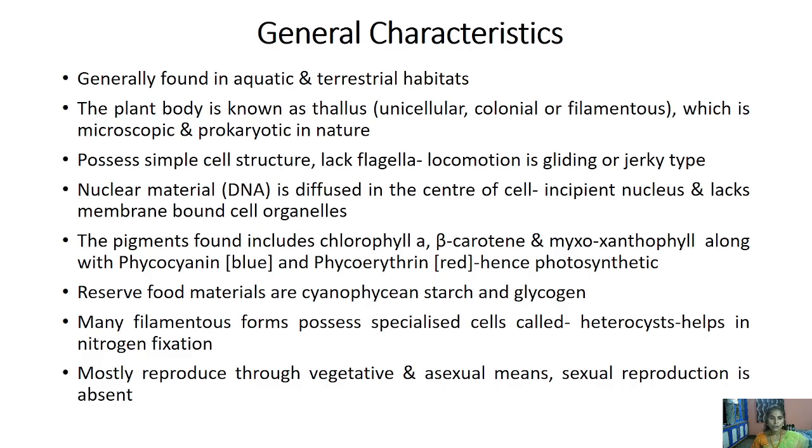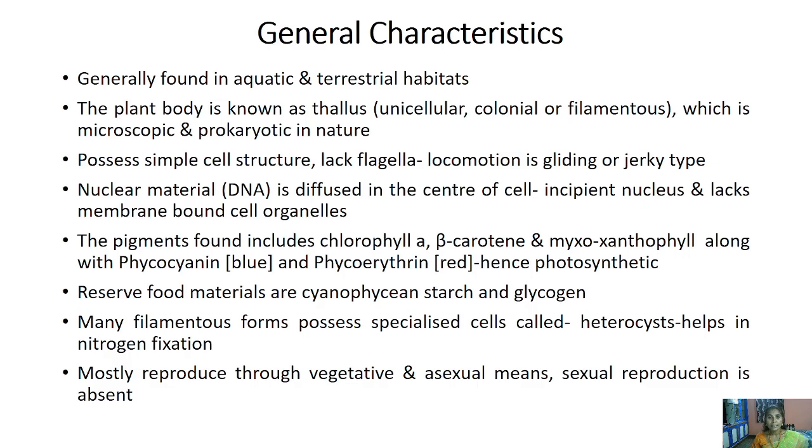Many filamentous forms of cyanobacteria possess specialized cells called heterocysts, and these heterocysts help in nitrogen fixation. The group mostly reproduces through vegetative as well as asexual means, where sexual reproduction is completely absent. These are certain general characters which are specific to the class Cyanophyceae.